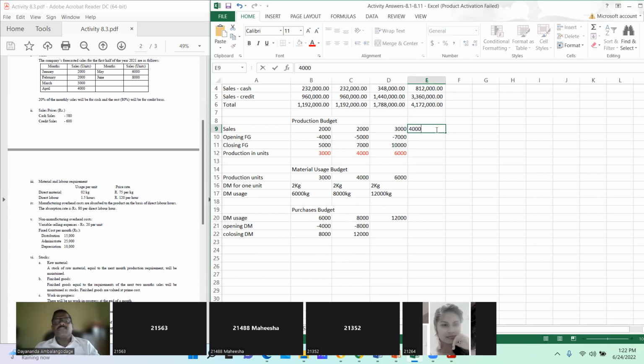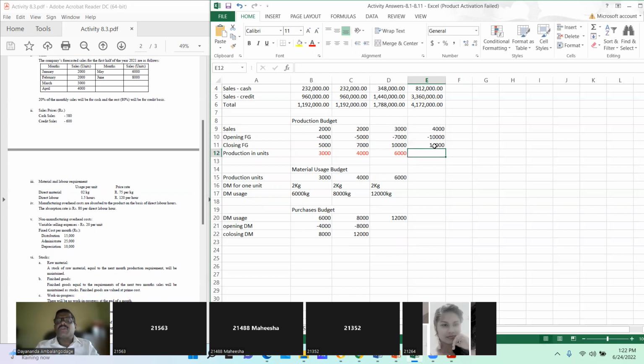April month sales is 4,000, and you know that this 10,000 would be the opening, and closing would be the next 2 month sales. So next 2 months sales for the April would be 14,000.